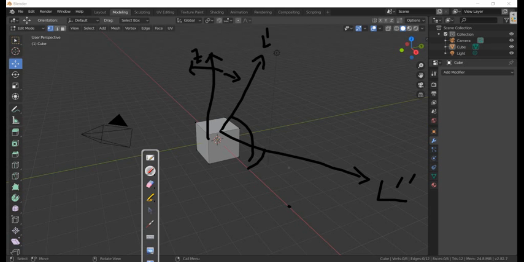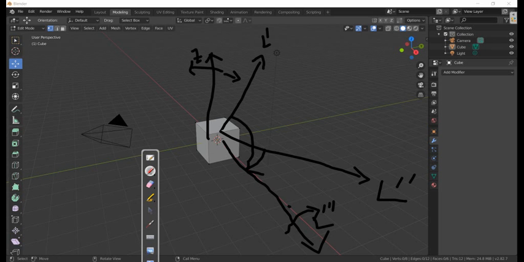If you rotate this line L double dash by that angle, your line will be aligned with the x-axis. Now what you have to do is the actual task of rotation with respect to the x-axis.